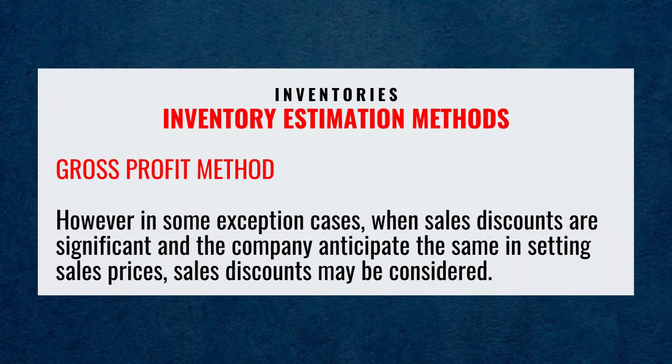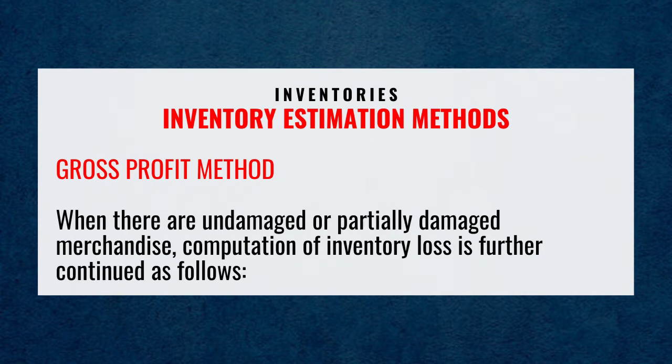However, in some exceptional cases, when sales discounts are significant and the company anticipates the same in setting sales prices, sales discount may be considered. When there are undamaged or partially damaged merchandise, computation of inventory loss is further continued as follows.